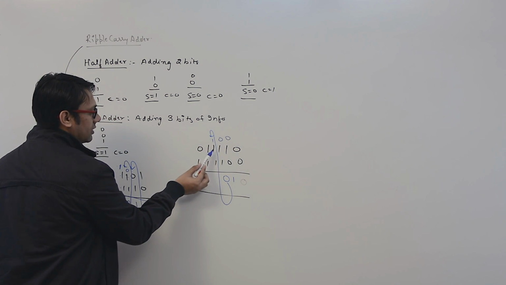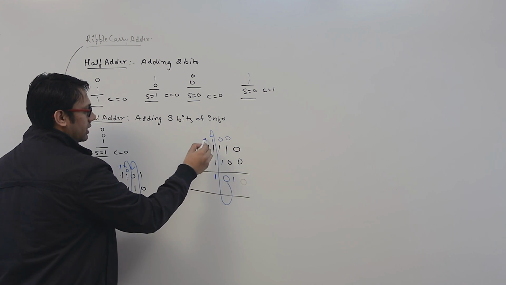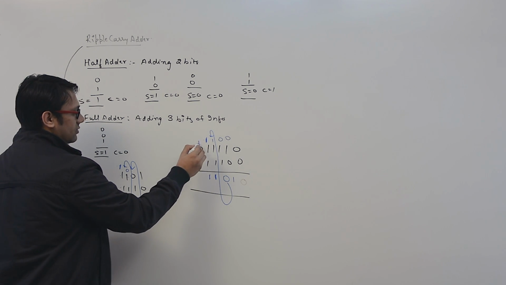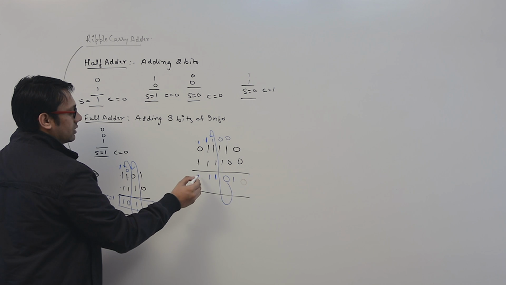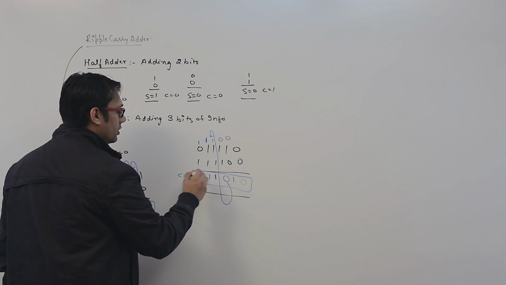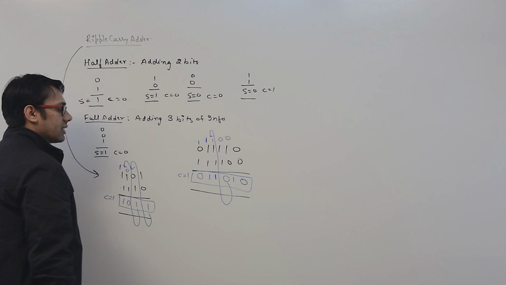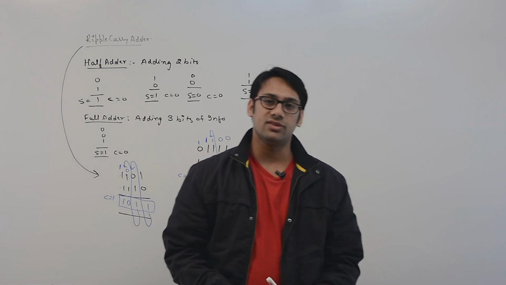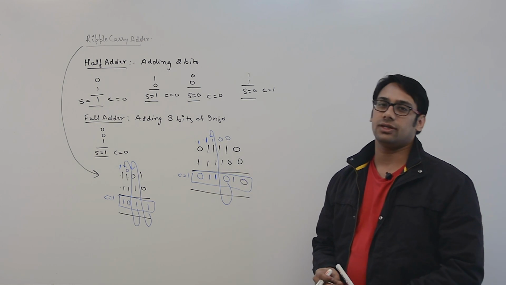If you add 1 plus 1 plus 1, then the sum is 1 and the carry is 1. Again 1 plus 1 plus 1, the sum is 1 and the carry is 1. 1 plus 0 plus 1, the sum is 0 and the carry is 1. So this is the sum, and this is the carry. So if you are adding 2 sequences, then you may be generating some carries.